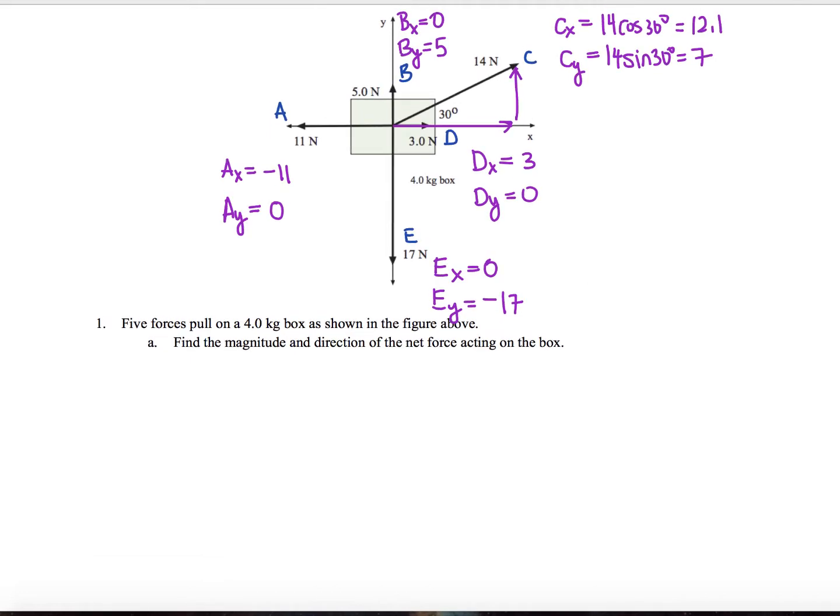So to put all of these together, we now need to add all of the components in the x direction. Then we're going to add all the components in the y direction. So the net force, or the resultant force, the x component, will be all of the x components added together.